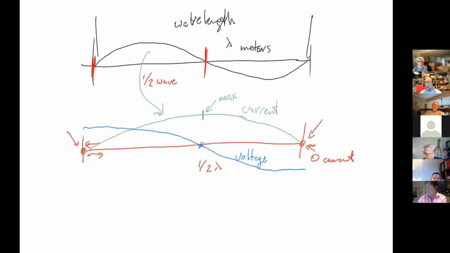And now we're going to go back to Ohm's law. What's Ohm's law again? E equals I times R. But in this case, we're going to replace R with a different letter. We're going to use that Z again. Resistance, as it turns out, is a degenerate case of impedance.